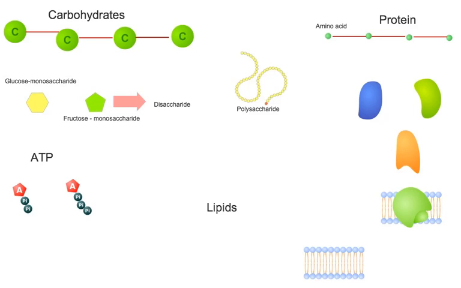Alright, so up here I have drawn a pretty elementary drawing of carbohydrates. Carbohydrates are made up of carbon, as all these molecules will be, a carbon skeleton, and that's what this is right here. So we have a carbon, a carbon, a carbon, a carbon, and those lines in between represent the covalent bonds between the carbons.